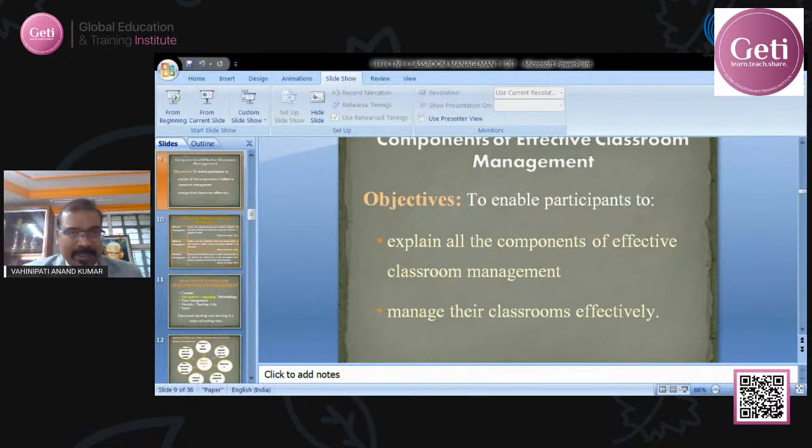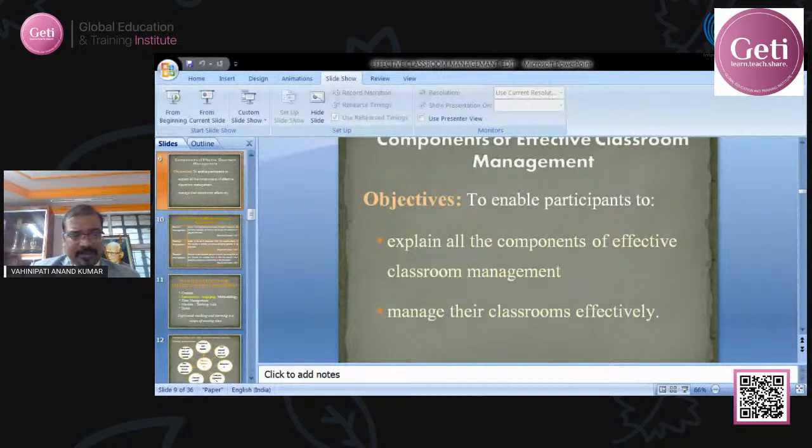These all things come under the planning part. And in this whole planning, the main focus should be to plan for an interactive and engaging classroom. So plan and engage. Now comes the third thing.